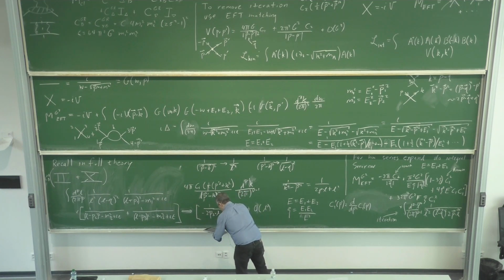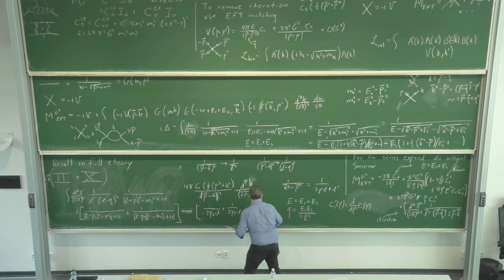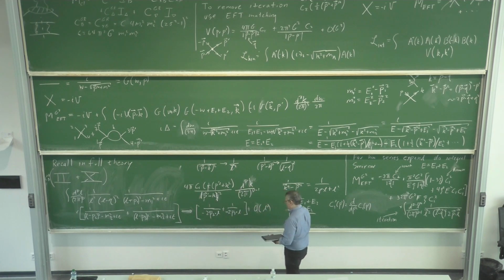And then plus 1 over 2 P3 dot L, with the minus sign.